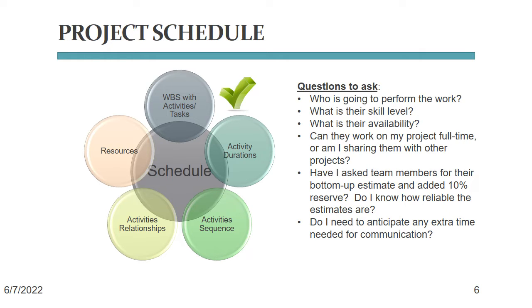Can they work on my project full-time, or am I sharing them with other projects? Have I asked the team members really for their bottom-up estimate and added 10% reserve? And do I know how reliable their estimates are? And do I need to anticipate any extra time needed for communication? Those are a lot of balls in the air, aren't they, when it comes to building a schedule?